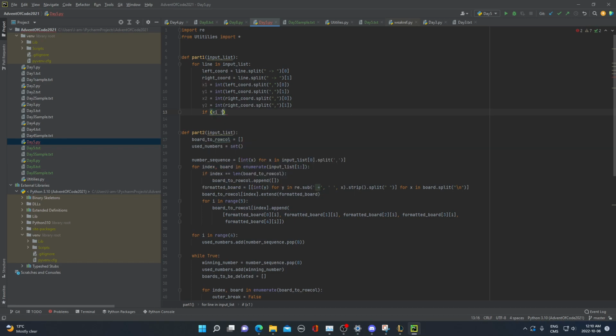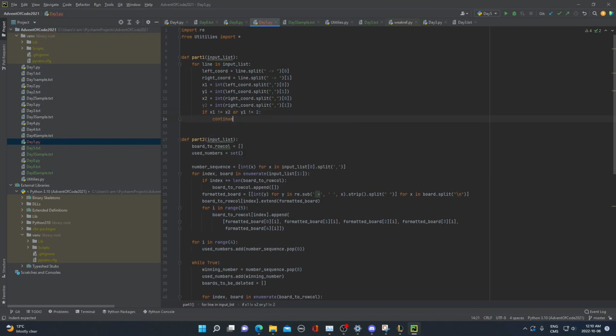Okay, if x1 does not equal x2, or, can I get the or? And this is not JavaScript anymore, we don't need the quotation marks. Or y1 does not equal y2. So if neither of these happen, then that means that it's not a straight line and we can just continue.